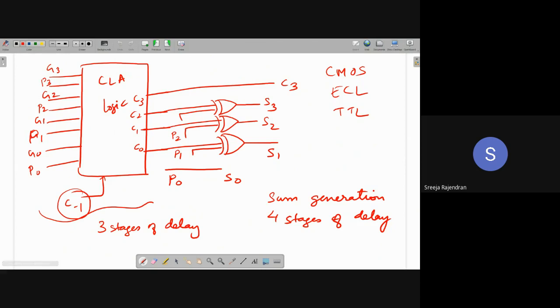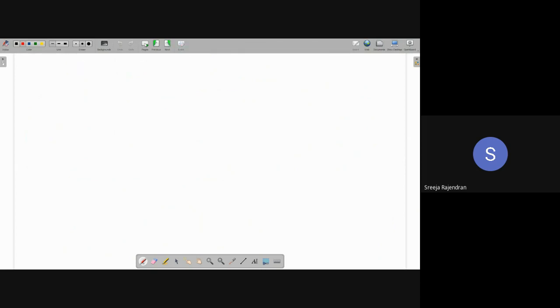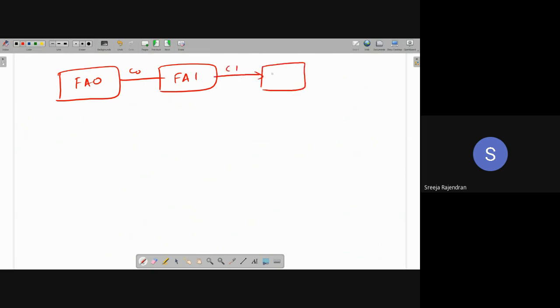But if you remember what we mentioned about the full adder circuit, the carry has to go this way. This is my full adder 0, then C0 has to come here, only then this addition can take place, and C1 has to come here, and so on, up to C2 and C3. My first sum I can generate immediately because it is dependent only on C minus 1, so there is no delay.